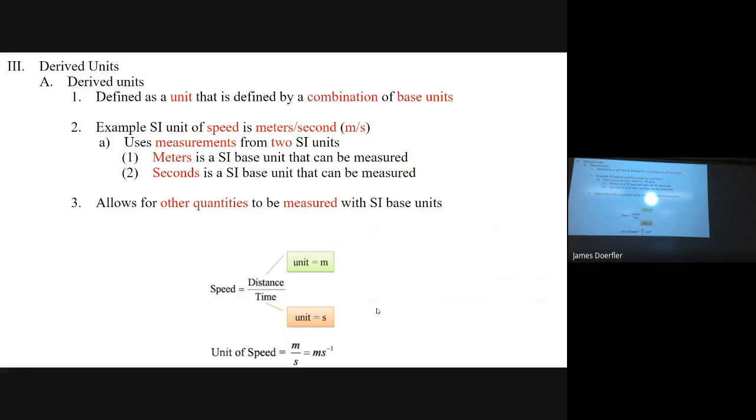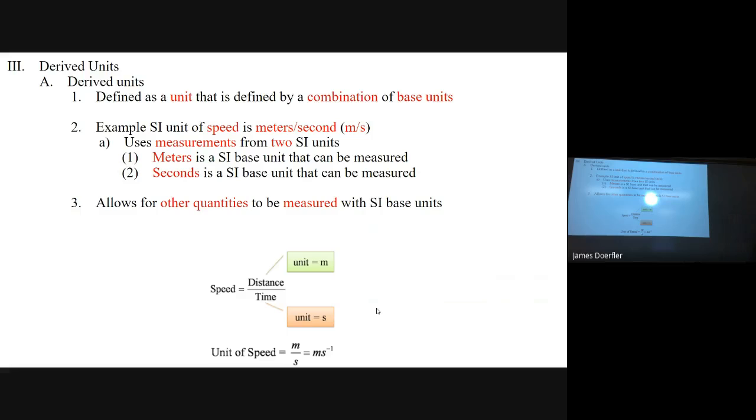An example of a derived unit would be speed. Speed is calculated by meters per second. It combines two SI units, length and time. So meters divided by seconds, we can determine how fast an object is going. What this does is allow other quantities to be measured with SI base units.